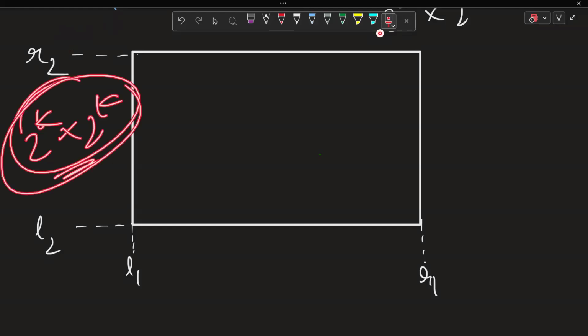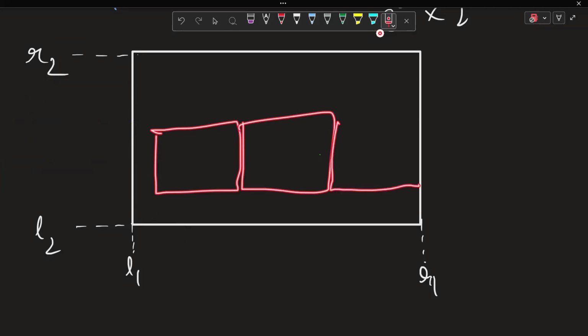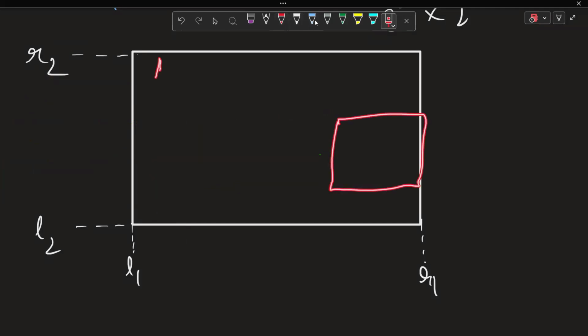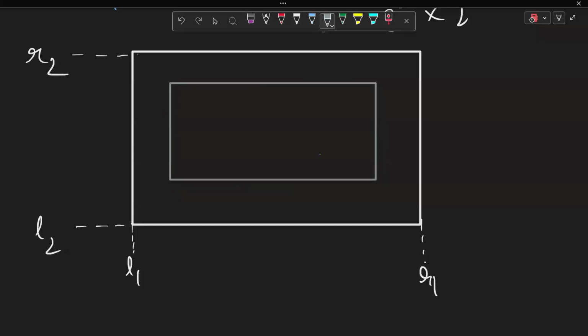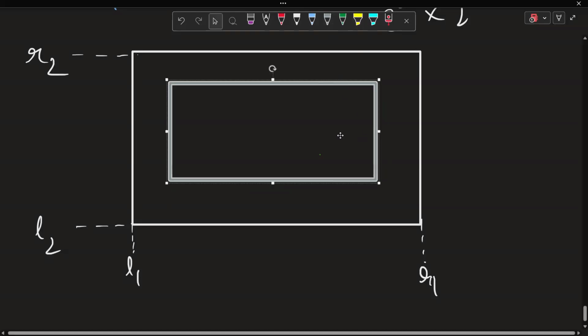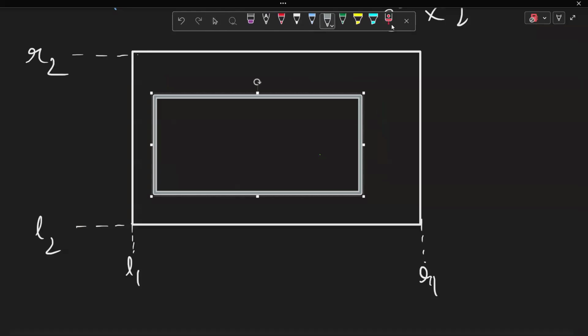For some k, the biggest that could fit in, let's say it was 4 cross 4. Starting from here, you got a 4 cross 4, then another 4 cross 4, and another 4 cross 4, and same way. So the covering that you got was like this.